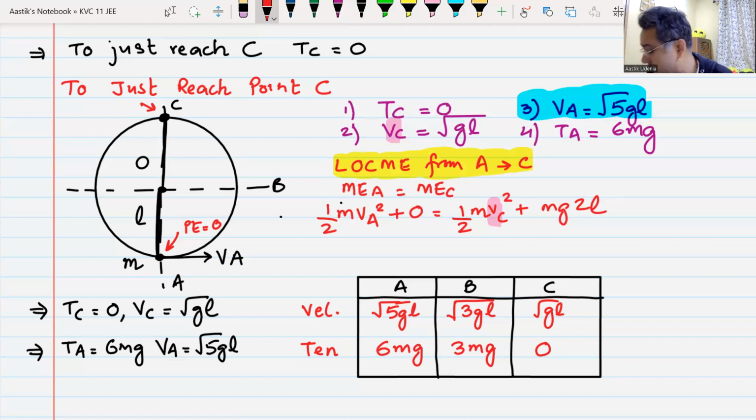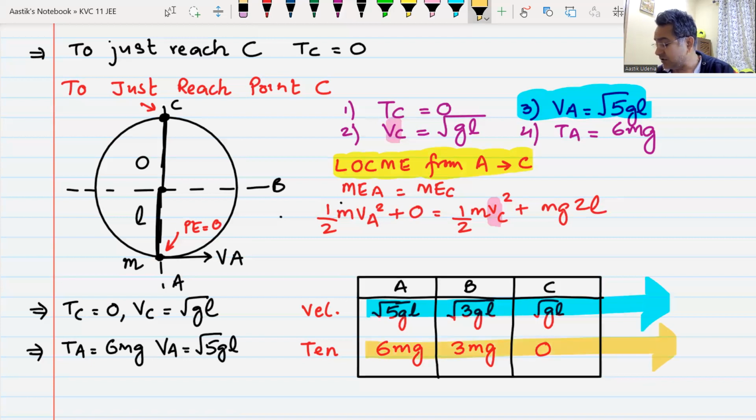There is a pattern that you see between the three velocities, between the three tensions, and also between the velocity and tension. If velocity is root 5, tension is 6. Velocity is root 3, tension is 3.